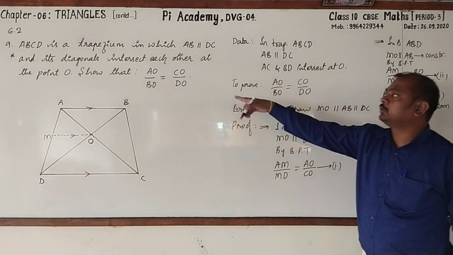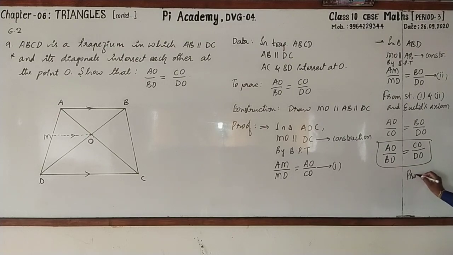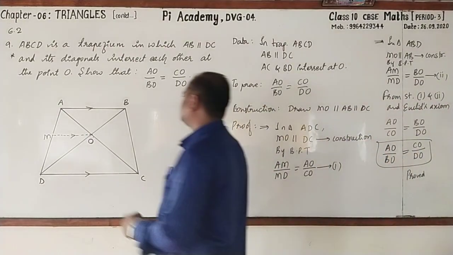But we want AO by BO equal to CO by DO. I'll go for cross multiply. AO by BO is equal to CO goes to the numerator, then DO as it is. Hence it is proved.